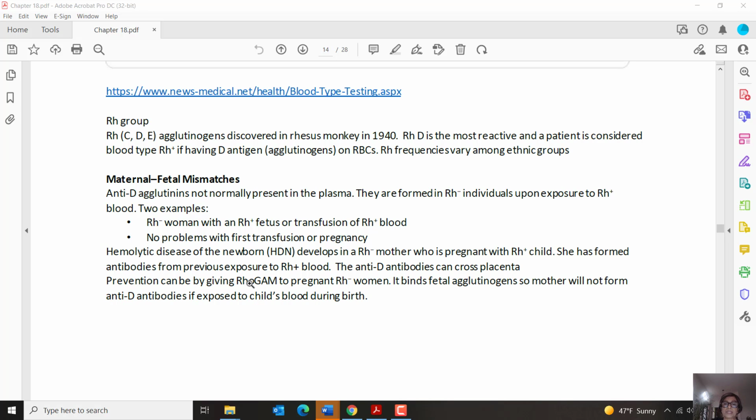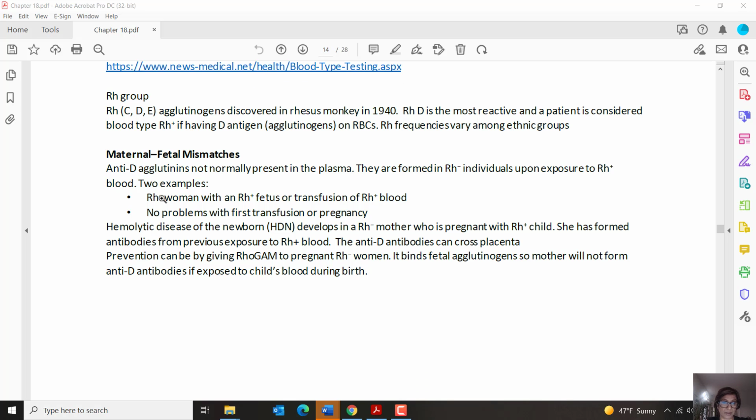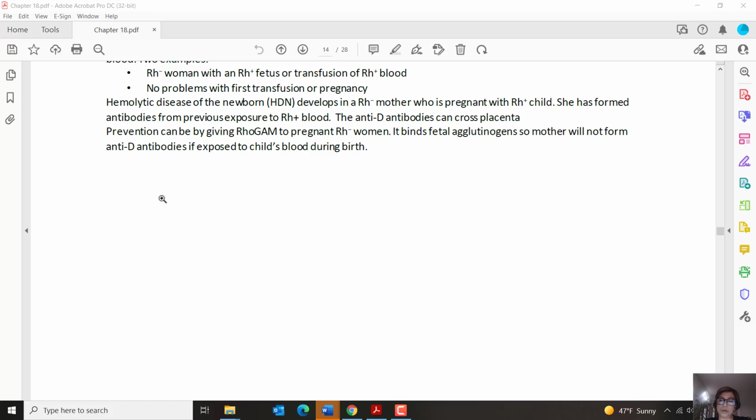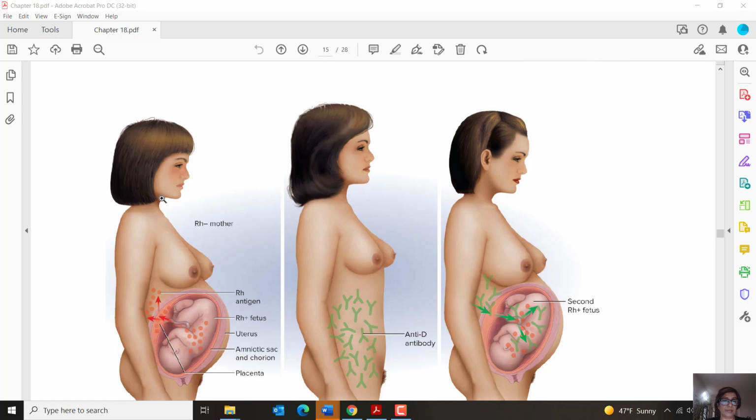It binds to the fetal agglutinogens so that the mother will not form antibodies if she's exposed to the child's blood. We do have that, but it is used very cautiously. It's considered very, very serious, right? As soon as the mother gets pregnant, they start the RhoGAM immediately, whether it's an Rh positive baby or an Rh negative baby. So that is your blood typing, and here it is.